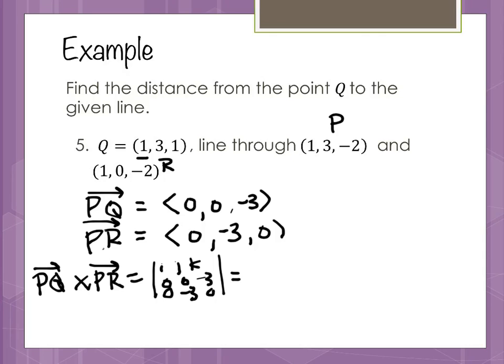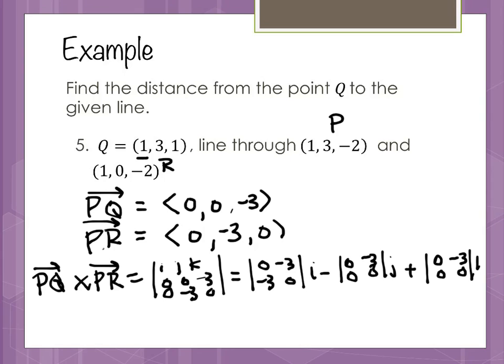And so we're going to expand along these corners. I've got 0, negative 3, 0, times I, minus 0, 0, and then negative 3, 0, times j, which is going to give me 0, and then plus 0, 0, which is going to give me 0, negative 3 times 0, k. And so, like I said before, this one's going to give me 0, this is going to give me 0.